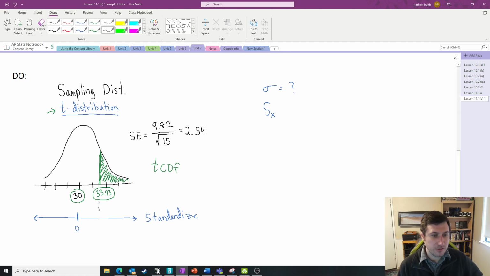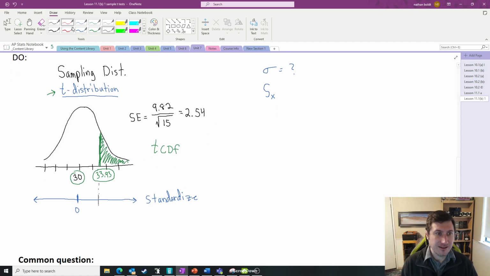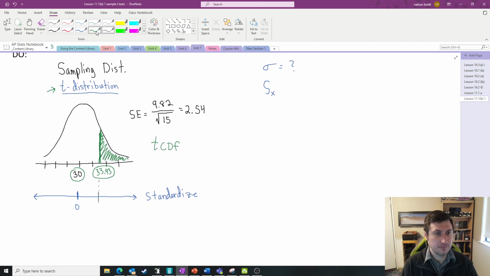The boundary is going to be how many standard errors away. It's basically a z-score. And we call that the standardized test statistic.